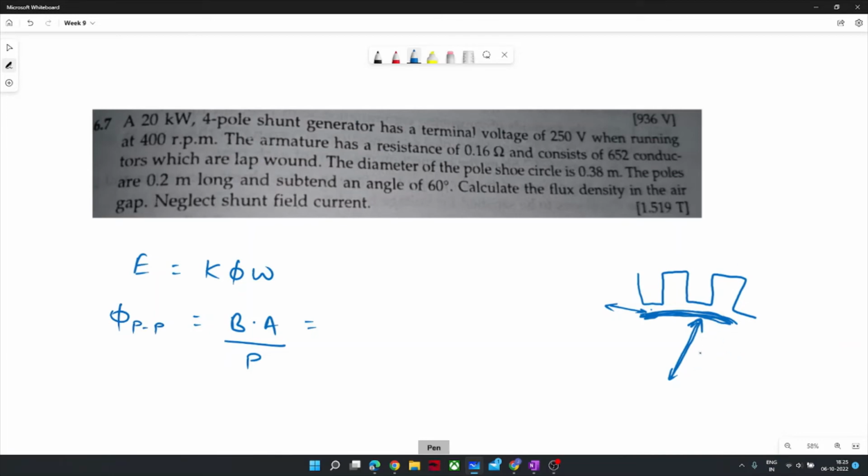You can say air gap radius. So that area you can easily write as pole arc into stack length. In simple language, this area I am talking about, you can say pole arc into stack length. A stack length is generally in the axial direction.